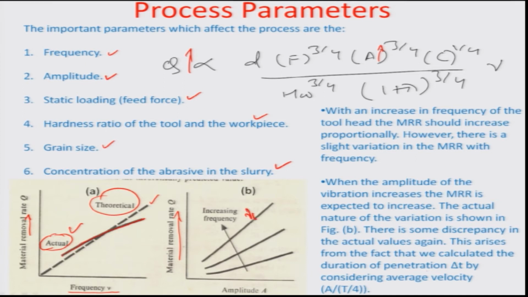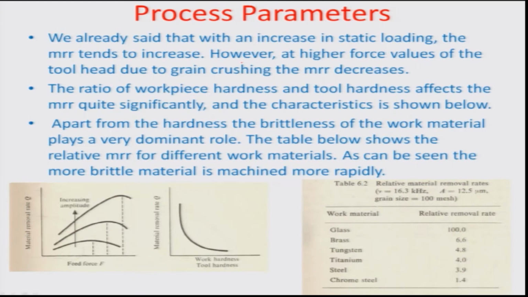So, this is for example a higher frequency, and nu 3 is the lower frequency, and you can see that with respect to the amplitude on a certain frequency, you have more or less direct proportionality, as estimated by the Shaw theory. Similarly, we can look into how the material removal varies with respect to the feed force.